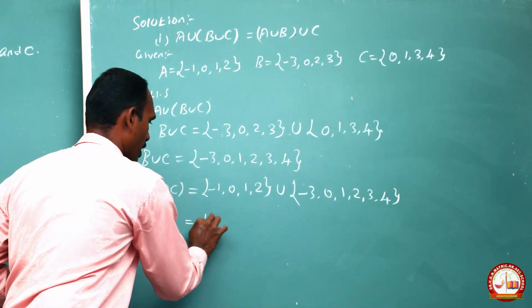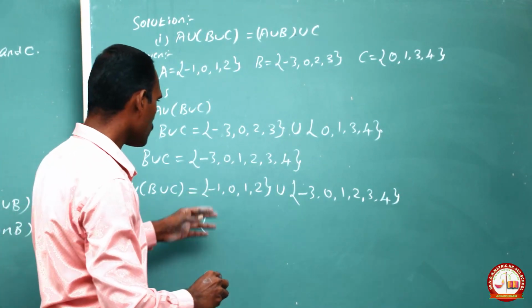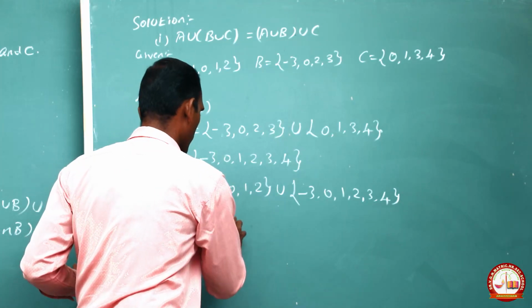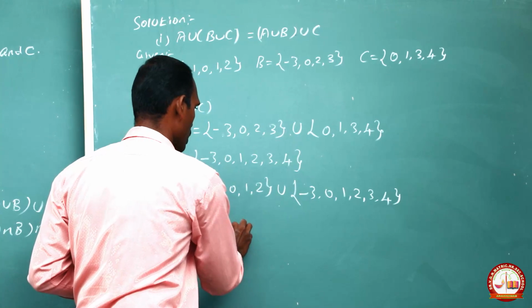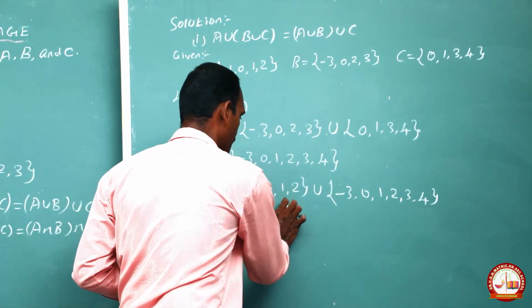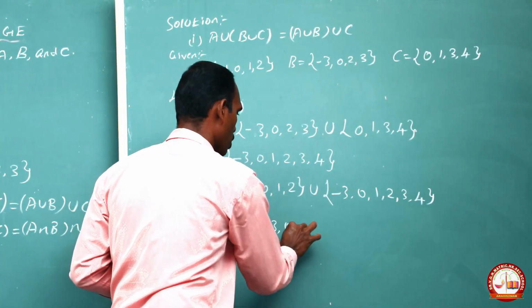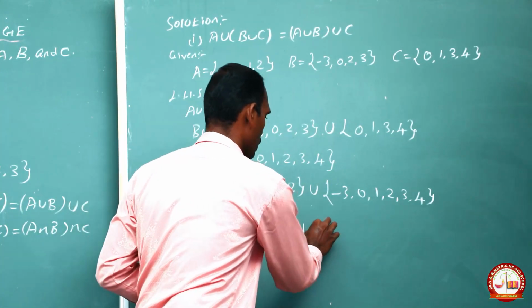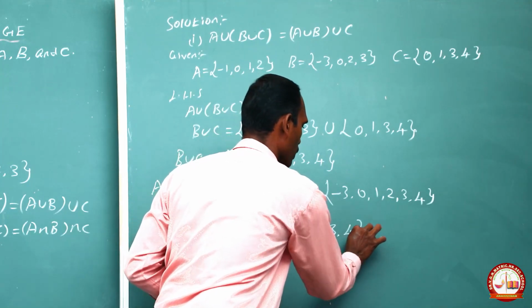So we find the A union (B union C). First we write the A set of elements, -1, 0, 1, 2, and then you write the -3, then 0, 1, 2, 3, and 4.